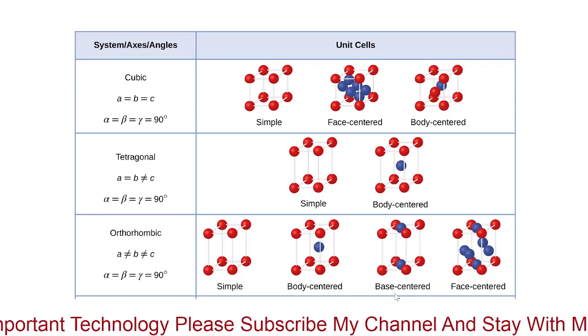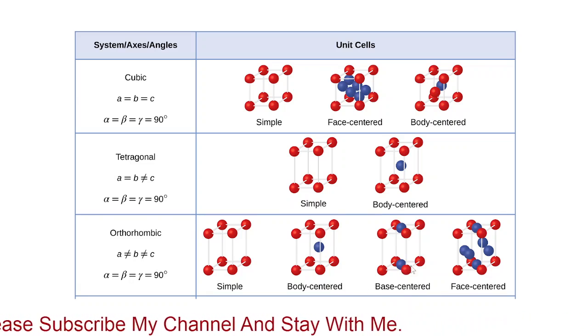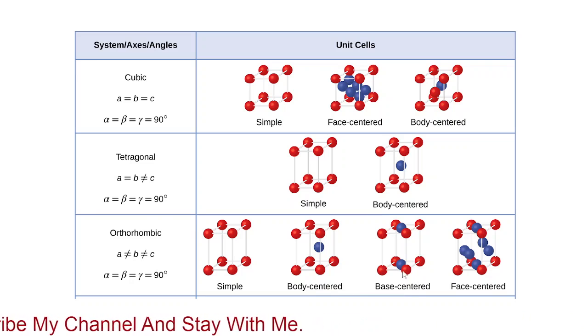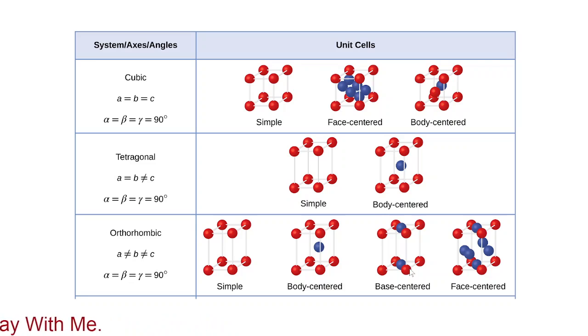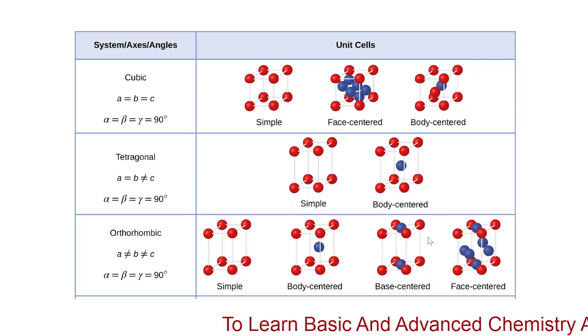And then base centered. What is base centered? This can be considered as a base, and we are not giving any other atom at this surface, or at the back side, or on the other side.